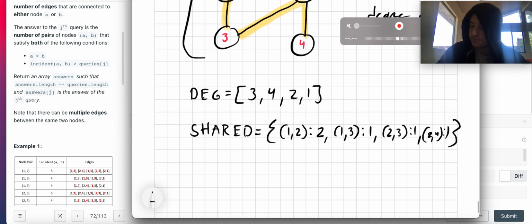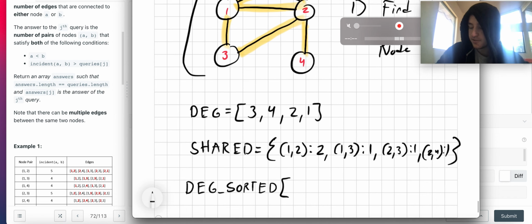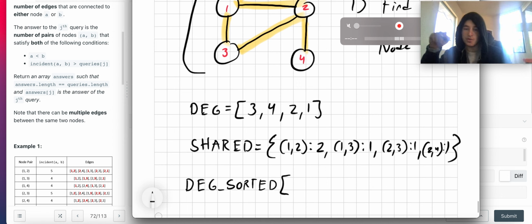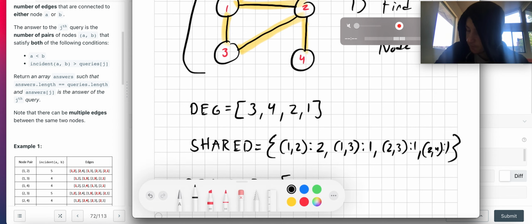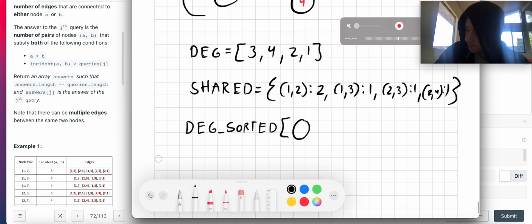So you could say, well, what if we looked at degree sorted, right? And we looked at the actual vertices themselves. Well, the smallest vertex, the vertex with the lowest number of edges is 4, right? So that means 4 would be the smallest one.